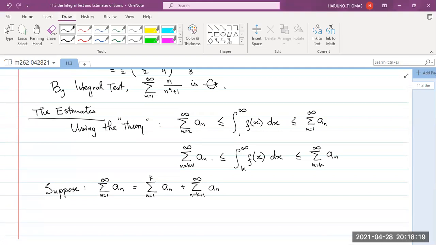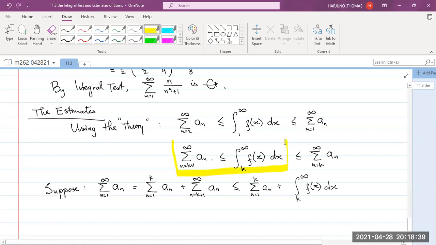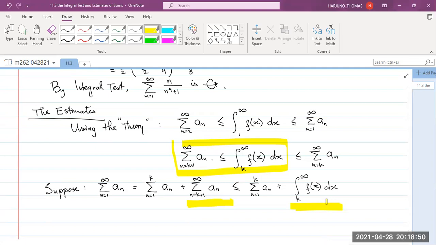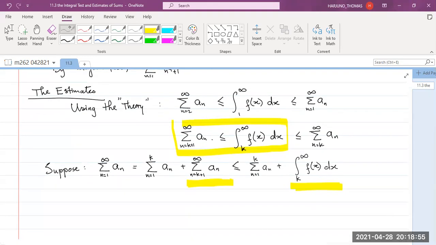So this series is actually bounded above by the kth partial sum plus the integral from k to infinity. You see, I use this one here. Okay, so we can say the following.